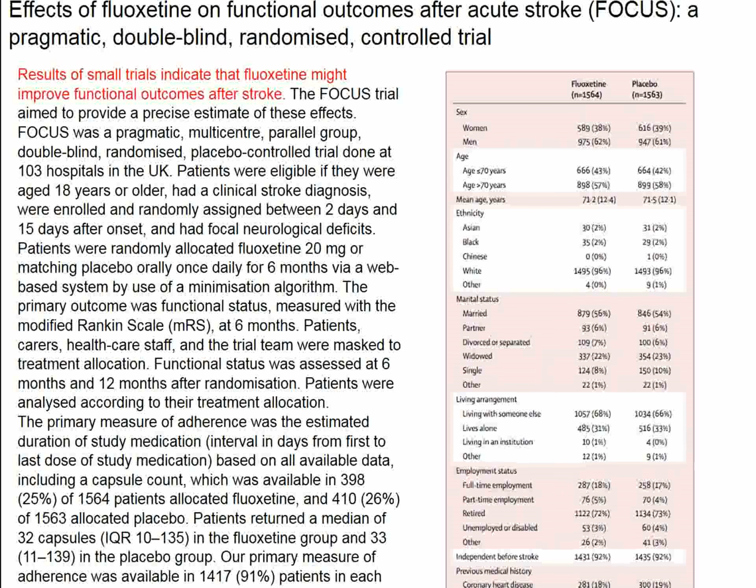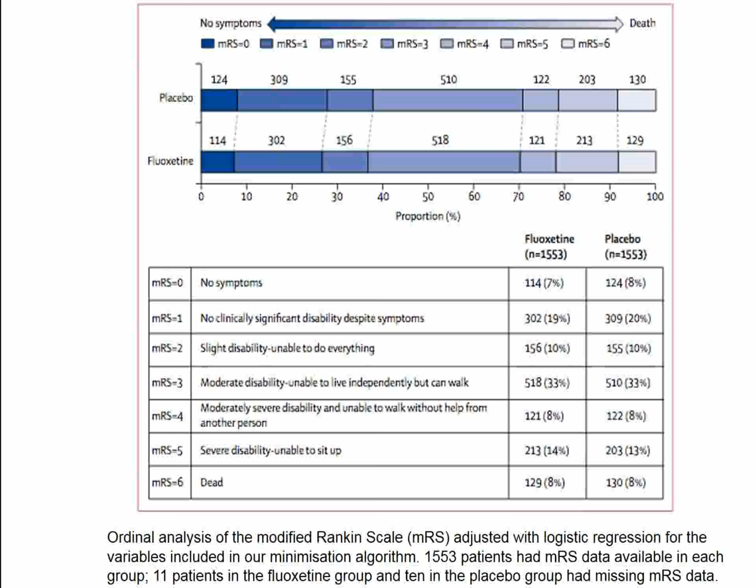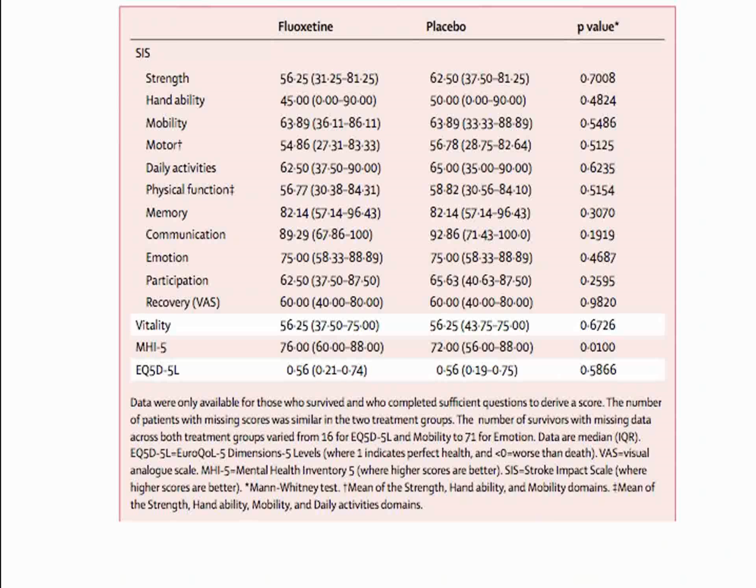So this hypothesis was tested in a large number of stroke patients that were randomized to fluoxetine or placebo. Fluoxetine inhibits serotonin reuptake, incidentally, and these modified Rankin scales were applied here, and fluoxetine did not make the outcome of stroke any better. I wouldn't think it would, but it didn't.